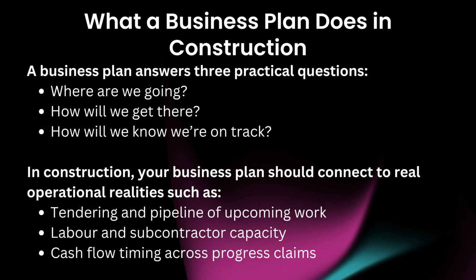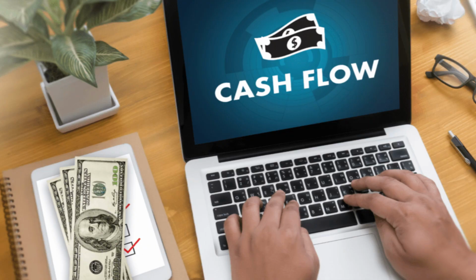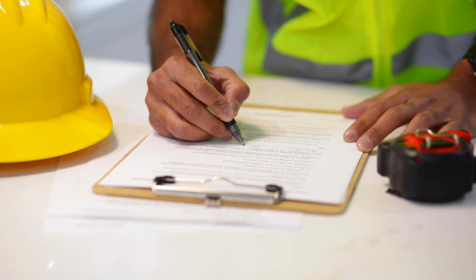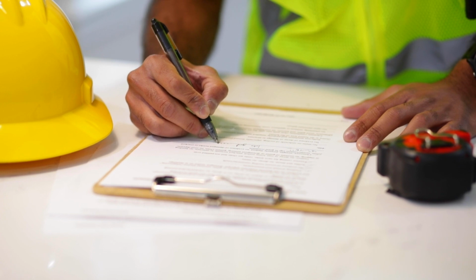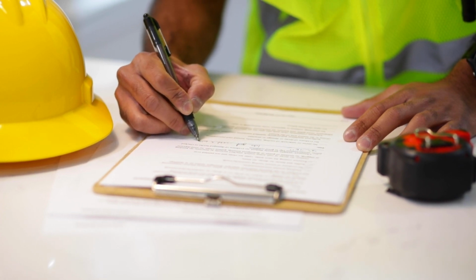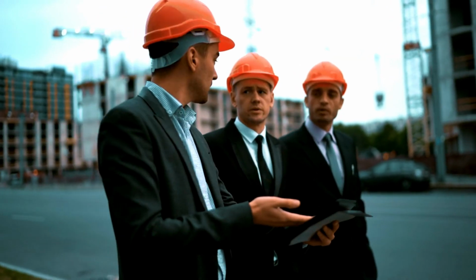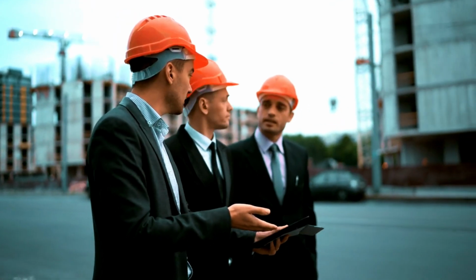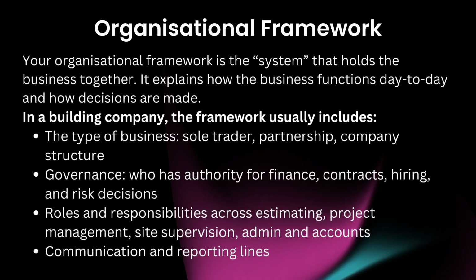In construction, your business plan should connect to real operational realities such as tendering and pipeline of upcoming work, labour and subcontractor capacity, cash flow timing across progress claims, compliance obligations across WHS, environment, building regulations and licensing, quality expectations under contracts and the National Construction Code. A good plan reduces guesswork. It helps you make consistent decisions even when projects are busy, staffing changes, or market conditions shift.